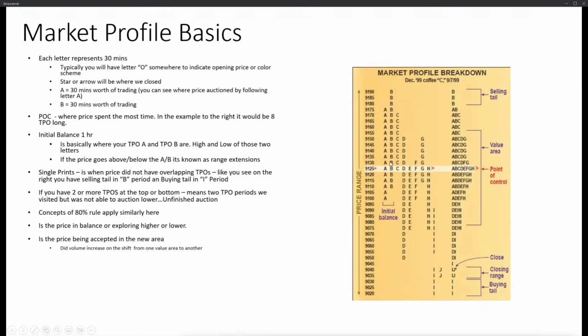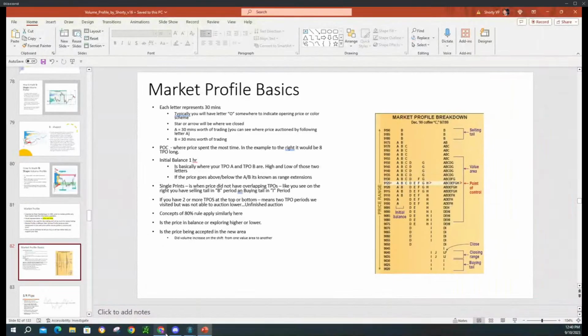The 80% rule still applies if you're using TPOs. Does that make sense? It's just the terminology that is different, and then understanding where the selling tail comes in and where the buying tail comes in. It's the same in volume profile.